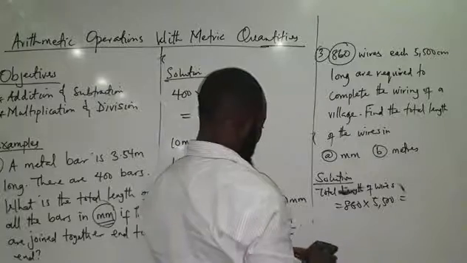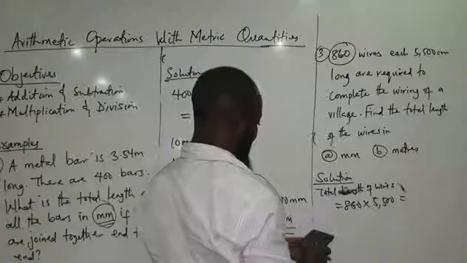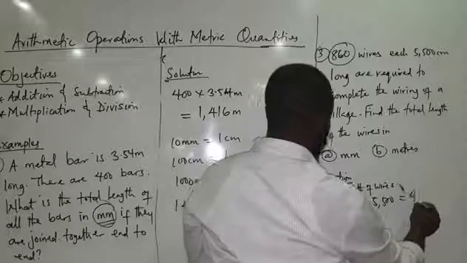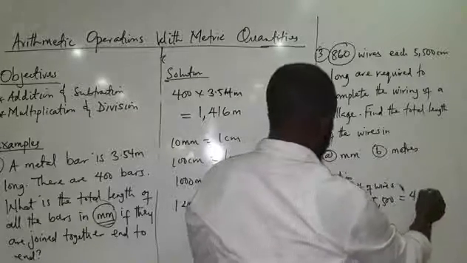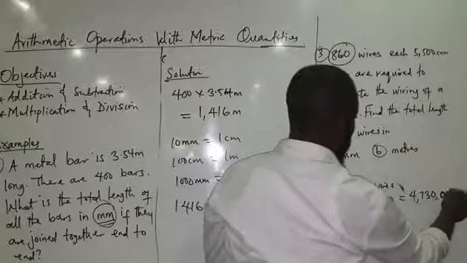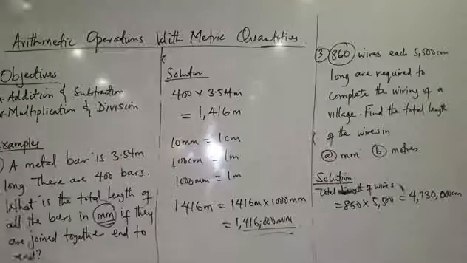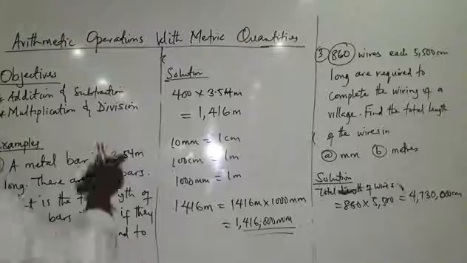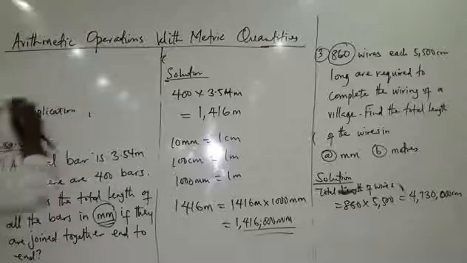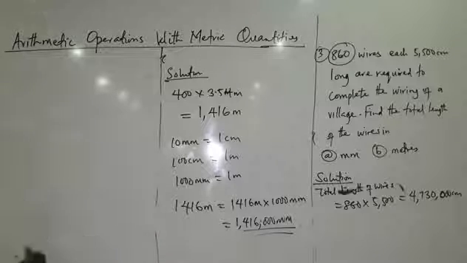So that is 860 multiplied by 5,500, and that gives 4,730,000 centimeters. So this is the total length of wire in centimeters, but the question asks us to find it in millimeters and also in meters.